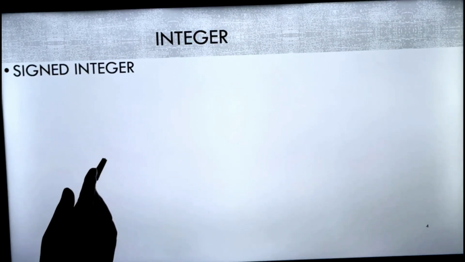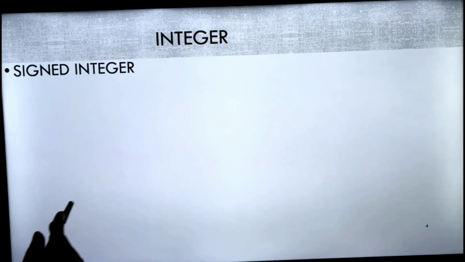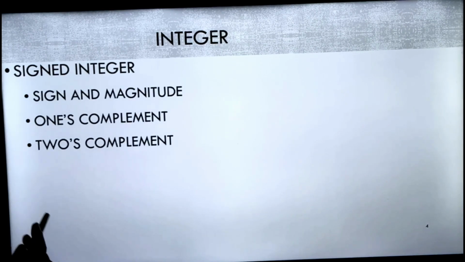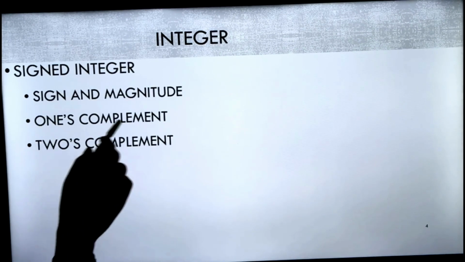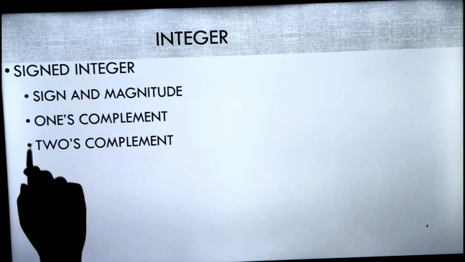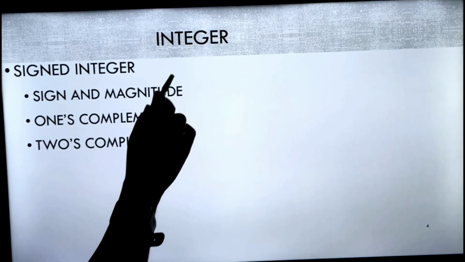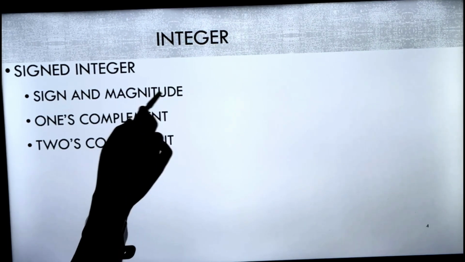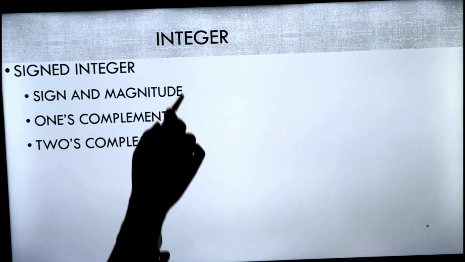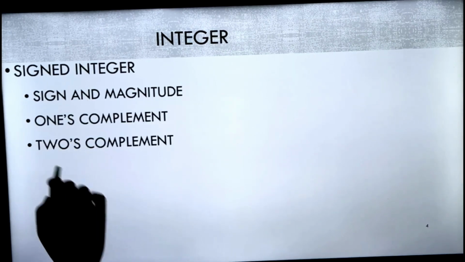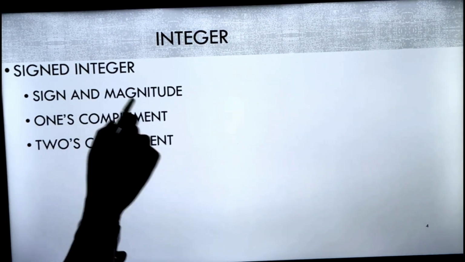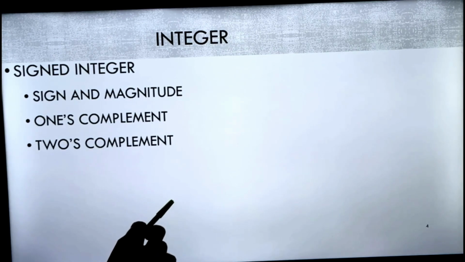Fine. For signed number representation, we have three different techniques. First one is sign and magnitude, second one is ones complement, and third one is twos complement. We may have some other techniques also, but these are the three major commonly used signed integer techniques. Fine. So we'll see all these techniques one by one.